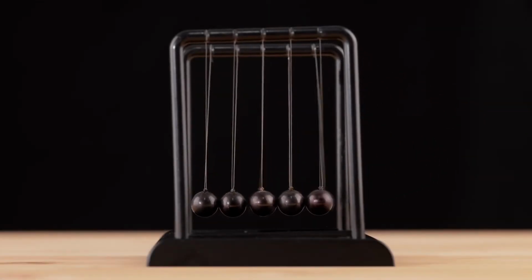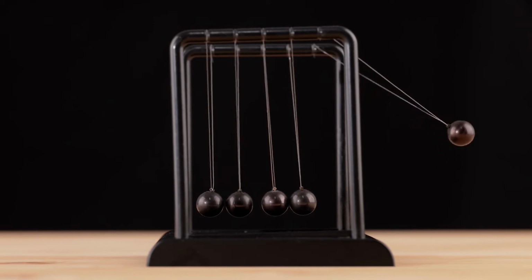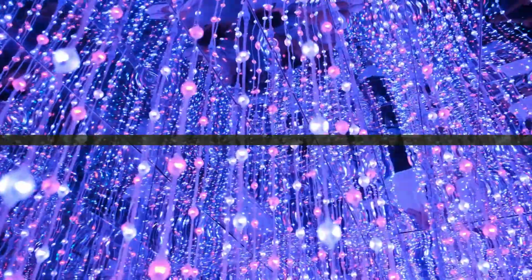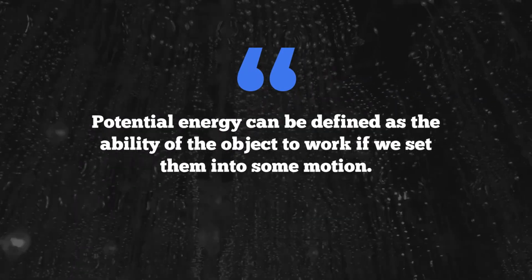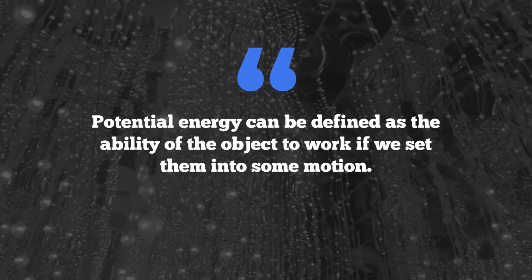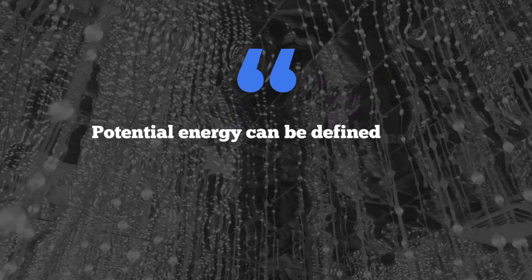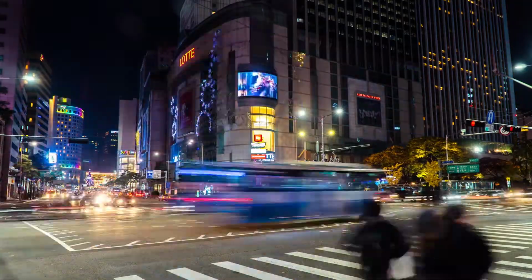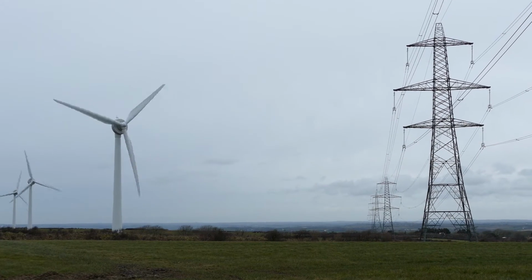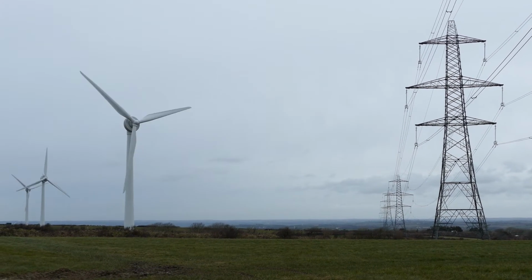On the other hand, potential energy is the energy stored in an object when it stays at rest. Potential energy can be defined as the ability of the object to work if we set it into some motion. Most of the time, we can control this energy, and if the object starts moving, the potential energy is converted into kinetic energy.